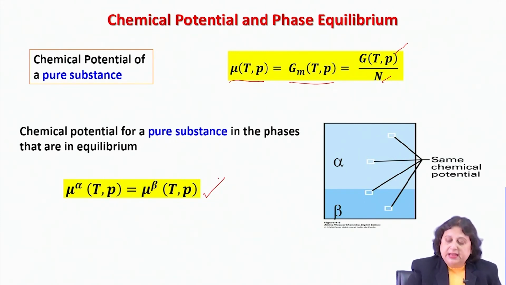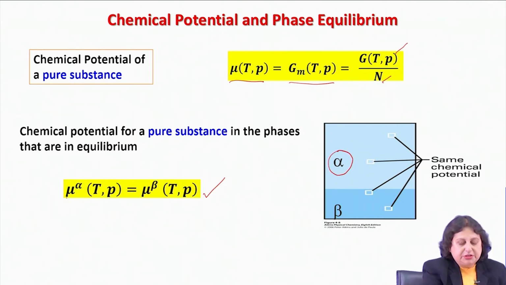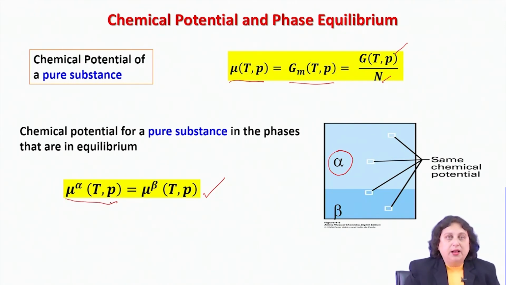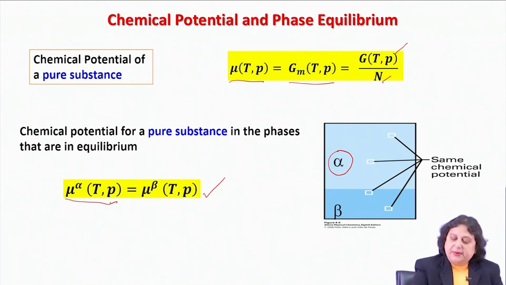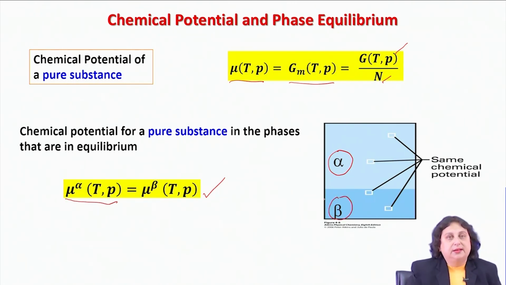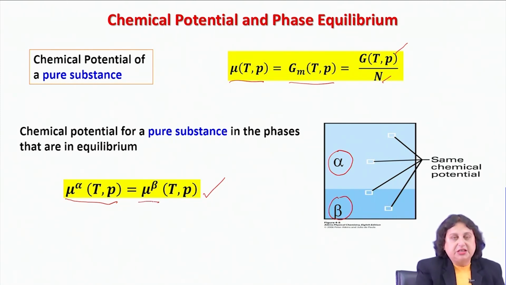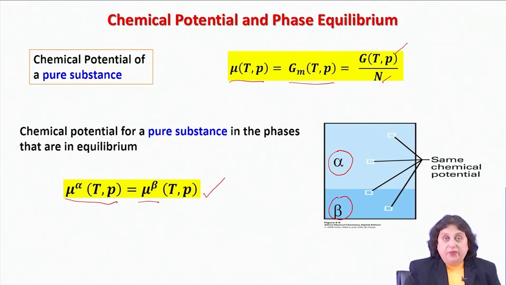The substance at a given temperature T and P, when it is present in the phase alpha, its chemical potential is mu alpha. When it is present in the phase beta, under the same condition of temperature and pressure, its chemical potential is mu beta. Therefore, for the two phases to be at equilibrium with each other, I must have mu alpha equal to mu beta.